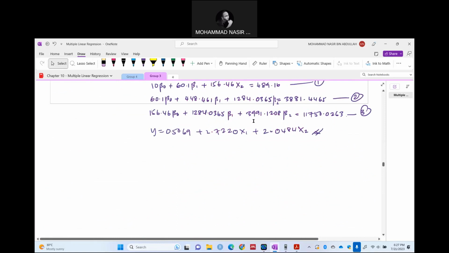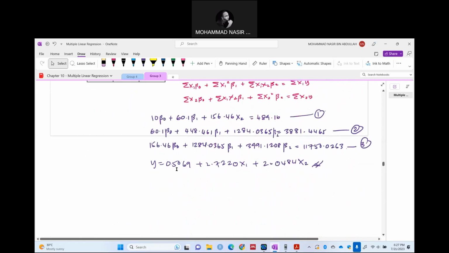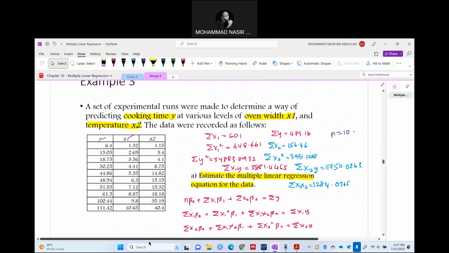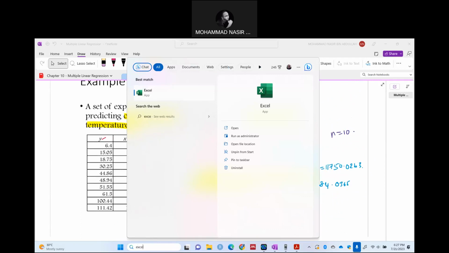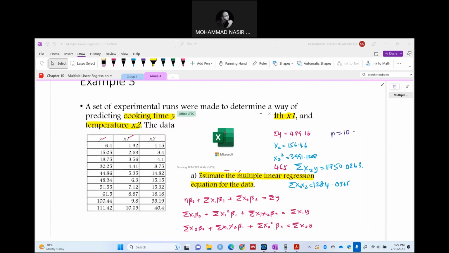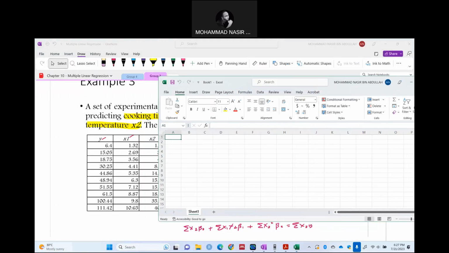Or 50? This one. So are you sure this one is 0.50? Wait a moment, I'll reconfirm. So this is Y, x1, x2, 6.4.